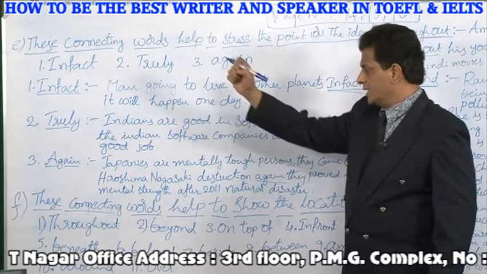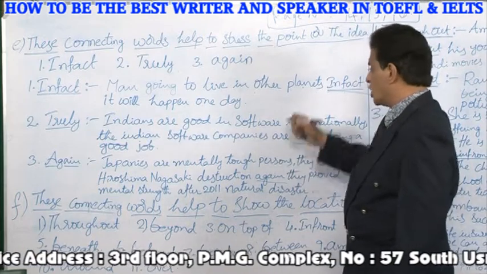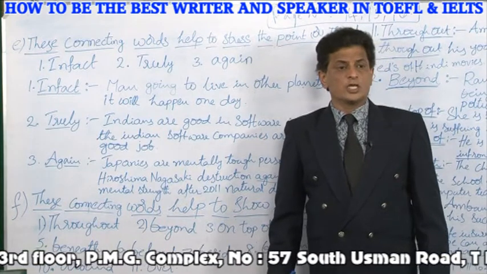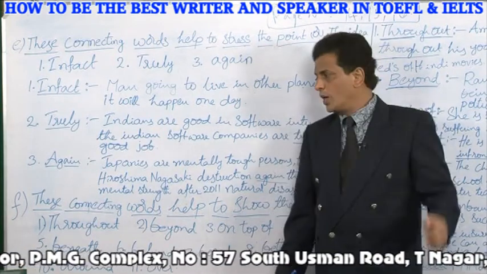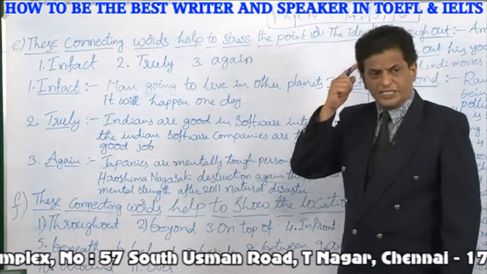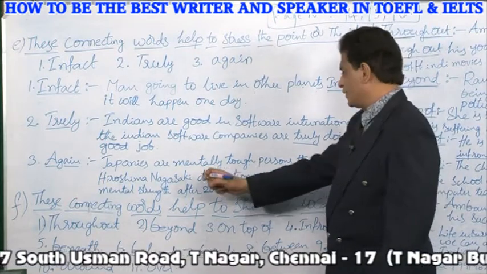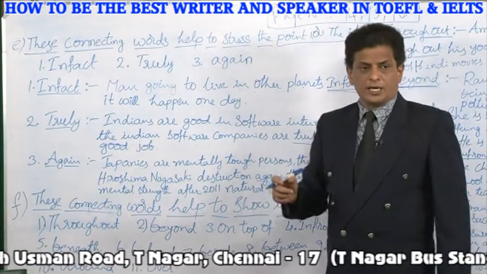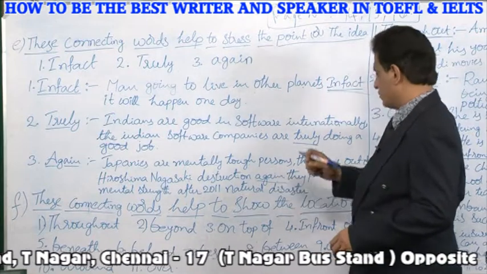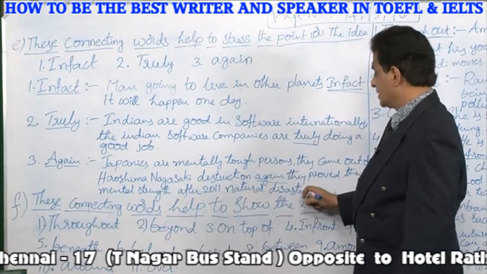Number two, truly. Indians are truly good in software internationally. The Indian software companies are truly doing a good job, very sincerely. Once again, you are stressing that. Truly means they are still number one. Again, Japanese are mentally tough. They are very tough, intelligent persons. They came out of the Hiroshima and Nagasaki destruction. Once again, they proved their mental strength after the 2011 natural disaster.